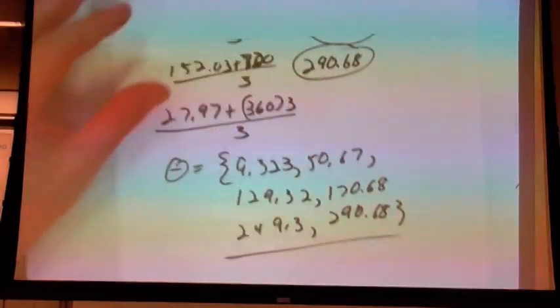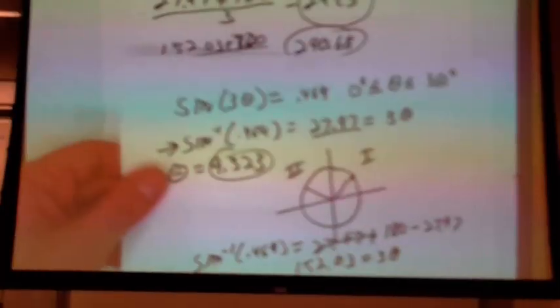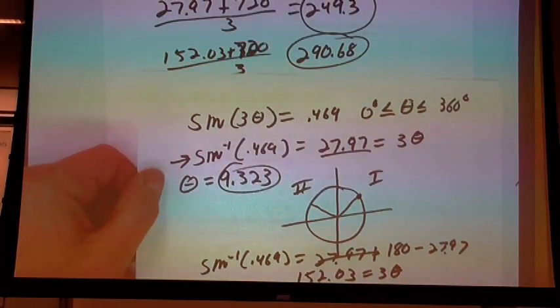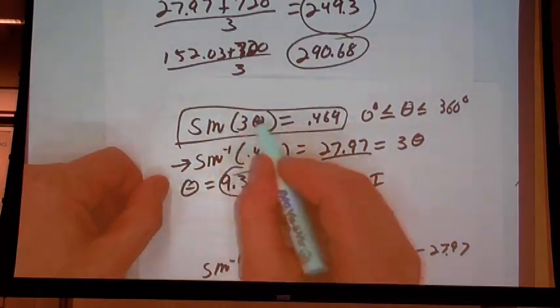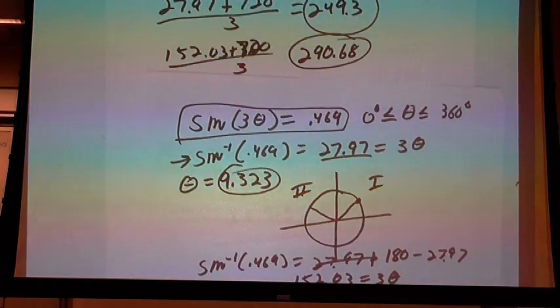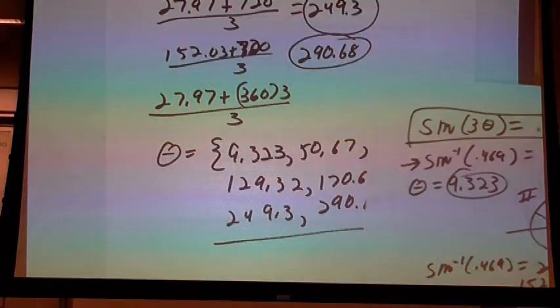So I have 6 solutions to this original equation. Now, if you're feeling lonely and bored tonight, you can plug them all back in and check. But I'm pretty sure that's correct.